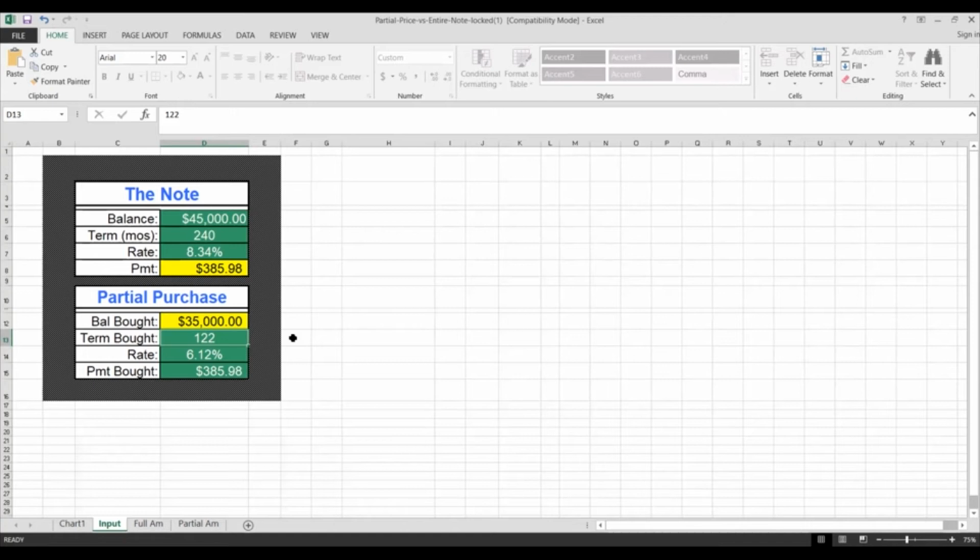And what we do in a partial here, there are legal documents involved. We would assign the 122 payments from wherever we're at right now, the next 122 payments would be assigned over to the investor.